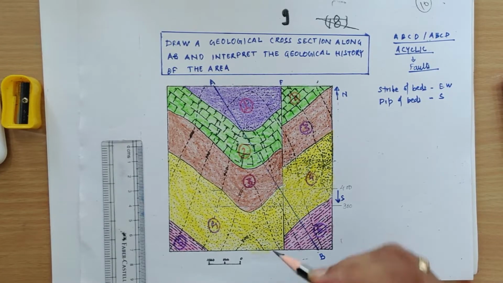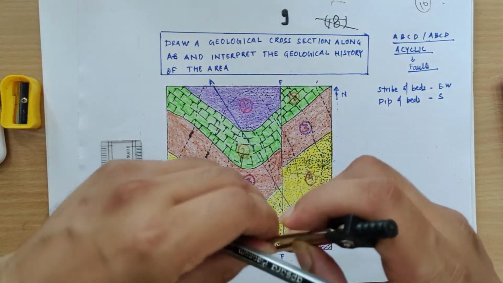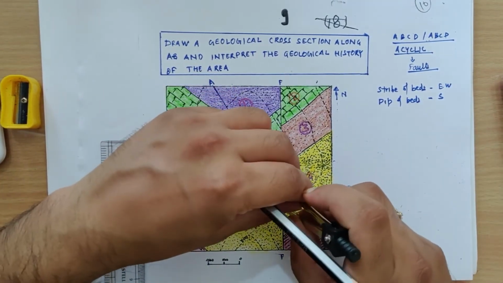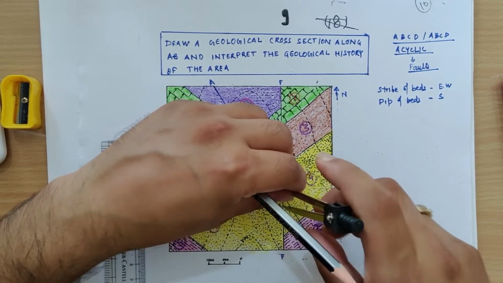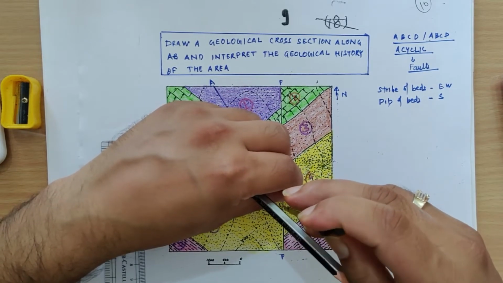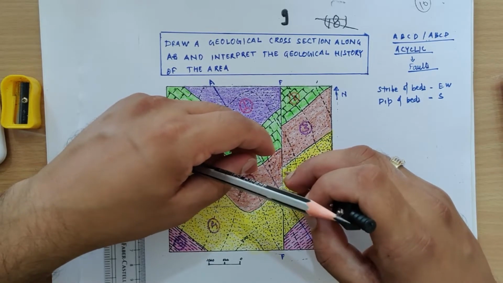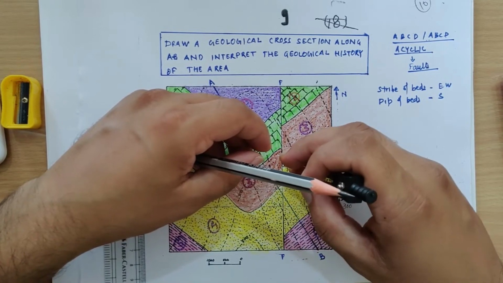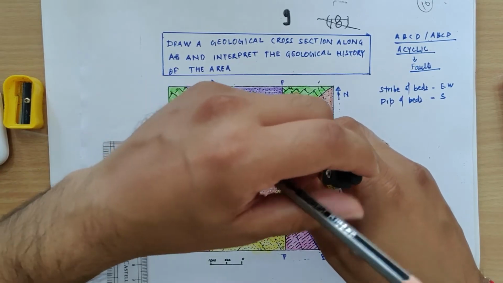So if we take the same strike value or same HE and then we keep on drawing, for example, the value between two strike lines is horizontal equivalent in horizontal plane. So this is horizontal plane, so this value is HE. So we can draw different similar values and come to know about the thickness and throw of the bed.